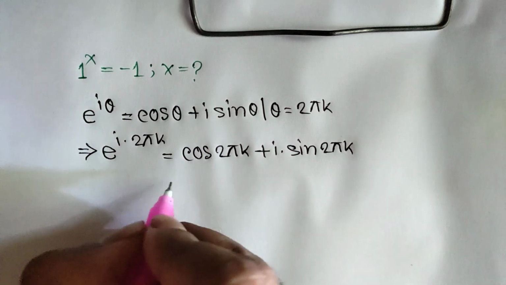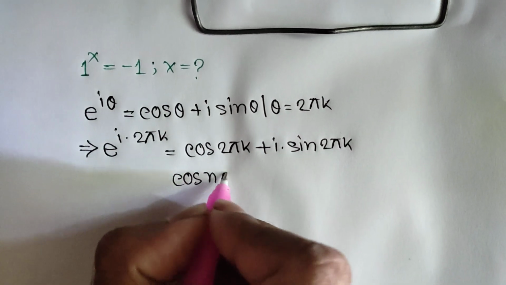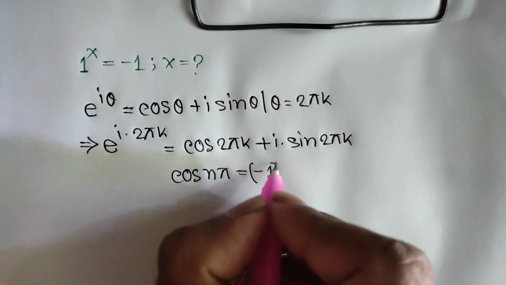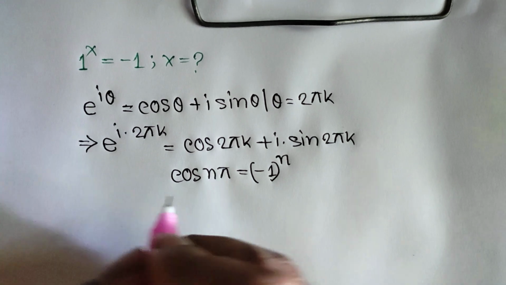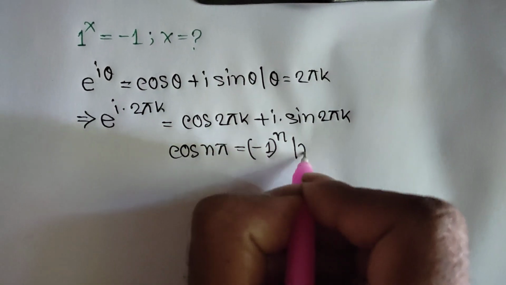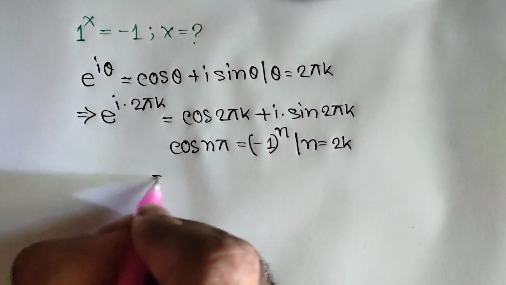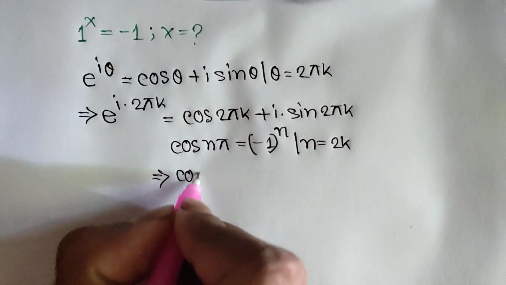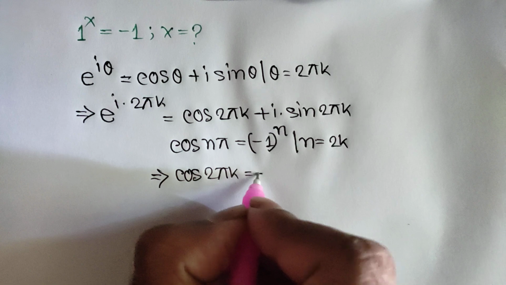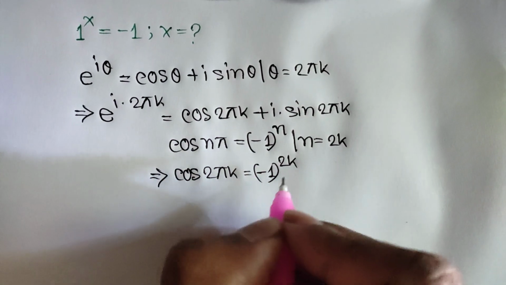Again we know cos n pi is equal to negative 1 to the power n. So substituting n is equal to 2k, we will get cos 2 pi k is equal to negative 1 to the power 2k.